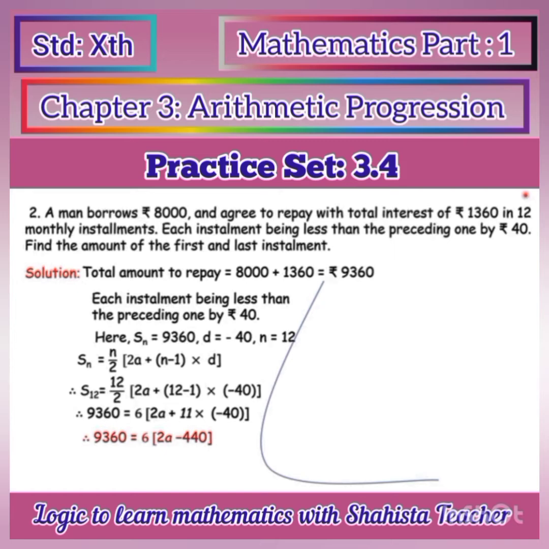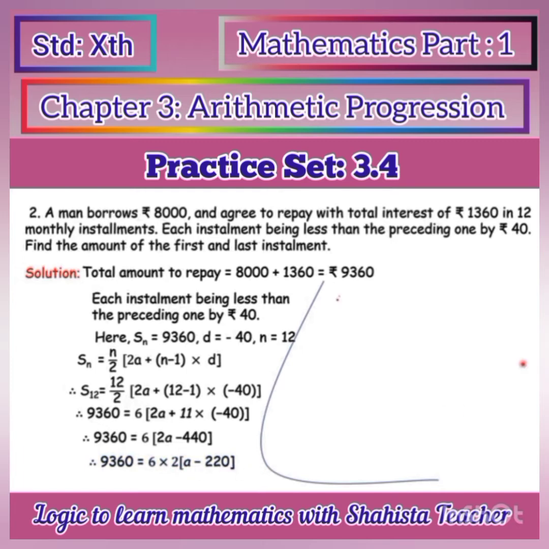So 9,360 is equal to 6 into 2a minus 220, because we have divided this 2 by 440, so we get 220. Is that clear?